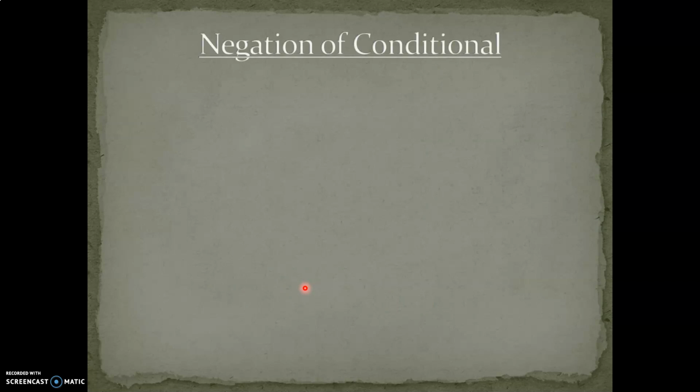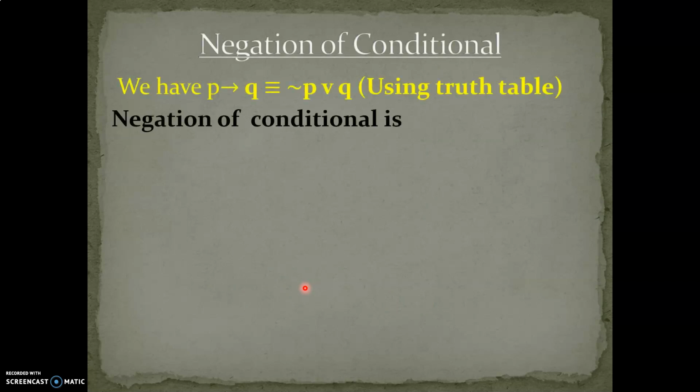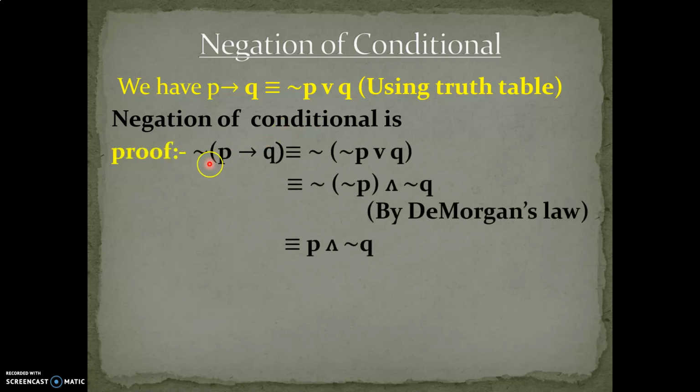The negation of conditional statement. We have this result now, we already proved. So P implies Q is equivalent to negation P or Q. So negation of conditional is negation of P implies Q. You can write this statement here. So negation of P implies Q is equivalent to, you have to write negation of this statement.